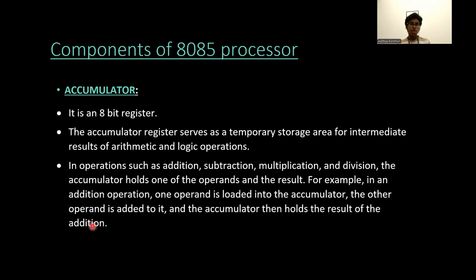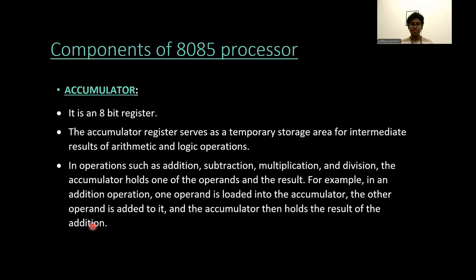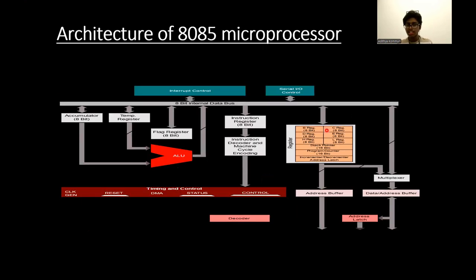Now let's look at where the other operand is stored. Let's look at the general purpose registers. These six registers are the general purpose registers, also called GPRs, which are named B, C, D, E, H, and L. Each register is an 8-bit register.